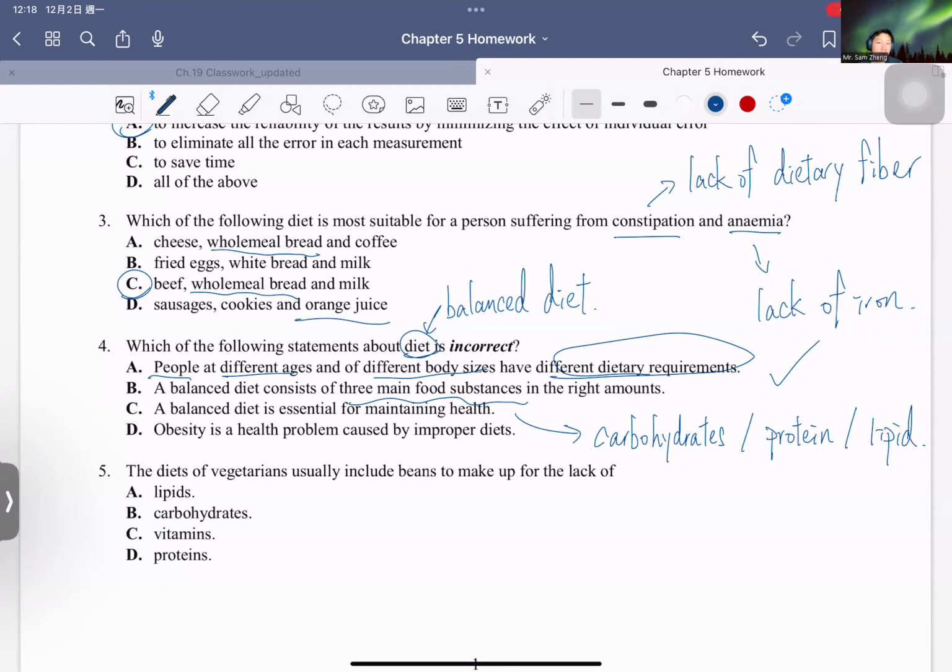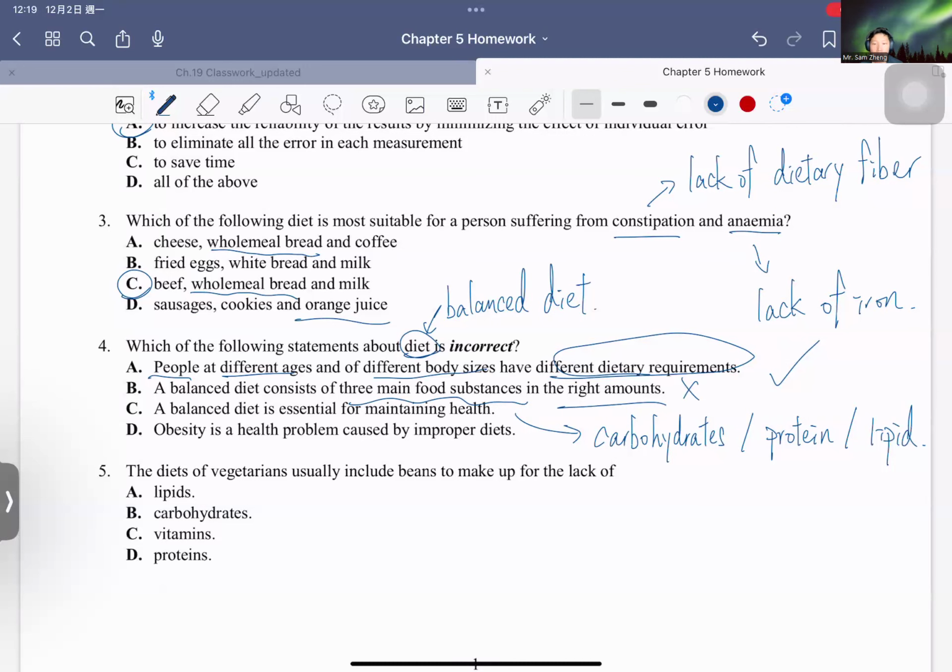So is it in the right amount, or whether we should have the same amount or not? In fact, it should not have the same amount. We should have the correct proportion.